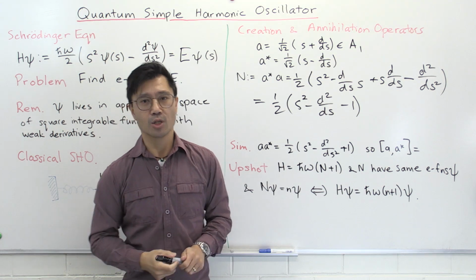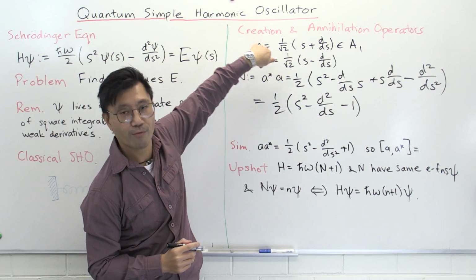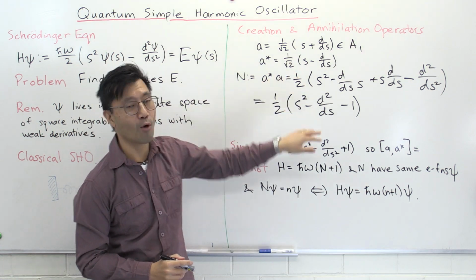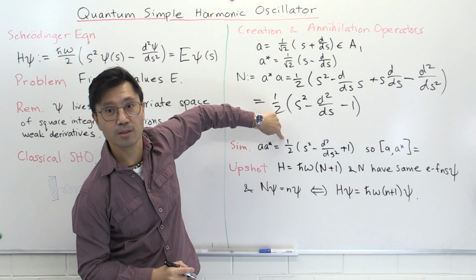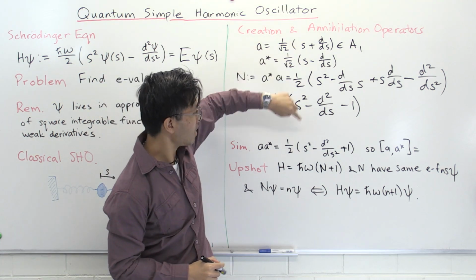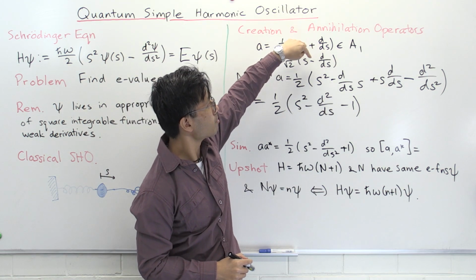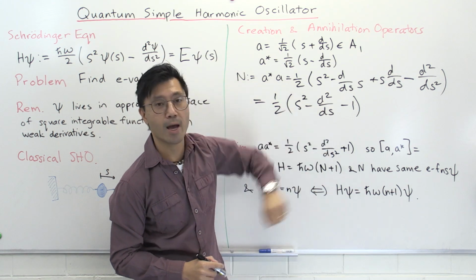Something else that will be very important for us is to see what happens when we reverse the order of these two, and we write a a star. We can perform a similar calculation. You get the half out the front again, then you have s times s, which is s squared. Again, you'll get d/ds times minus d/ds, so you get minus d squared by ds squared.